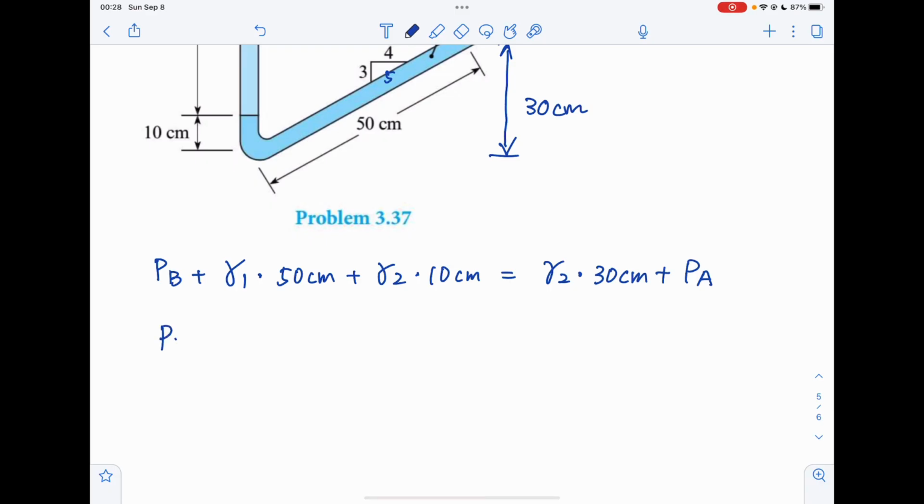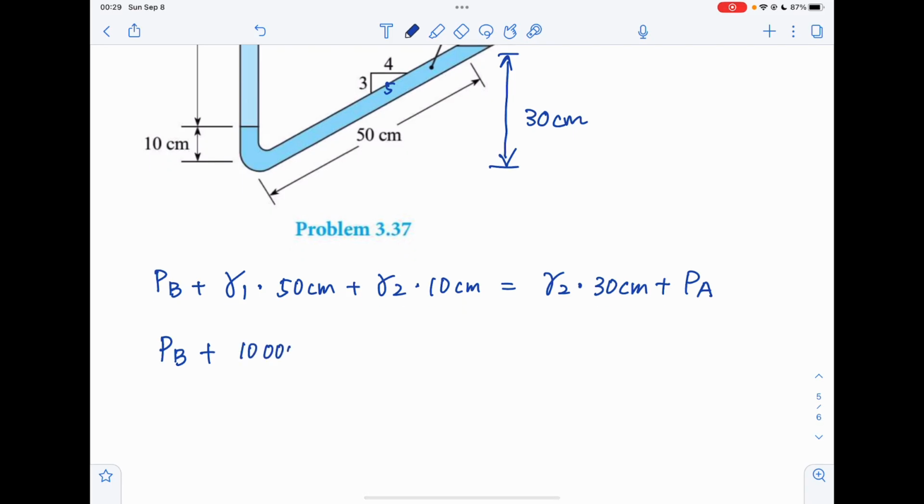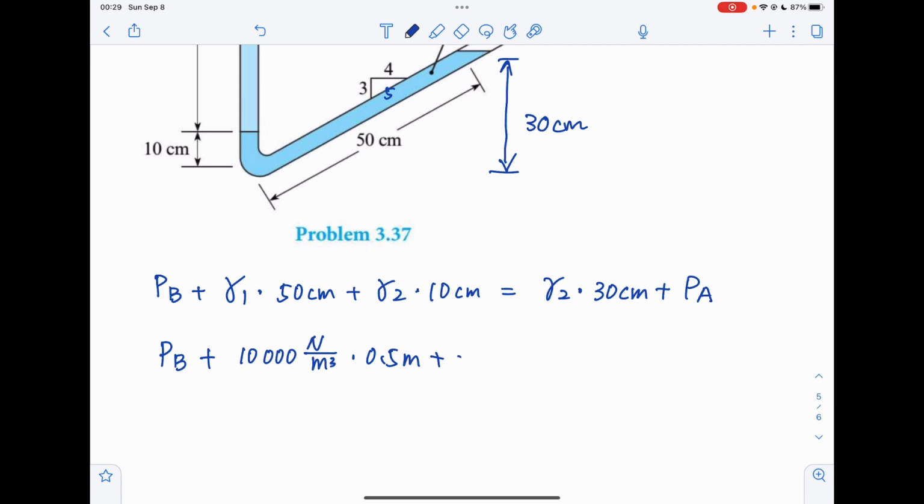So PB plus gamma 1, which is 10,000 Newton per meter cubed, times 0.5 meter plus gamma 2, which is 20,000 Newton per cubic meter, times 0.1 meter, equals 20,000 Newton per meter cubed times 0.3 meter, and PA is 0 here.